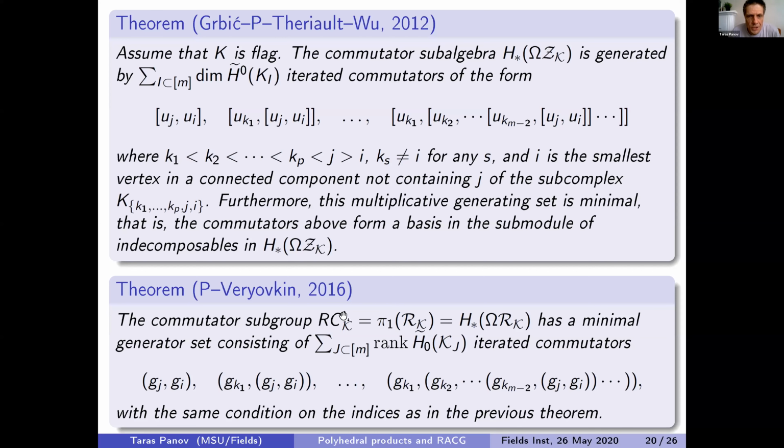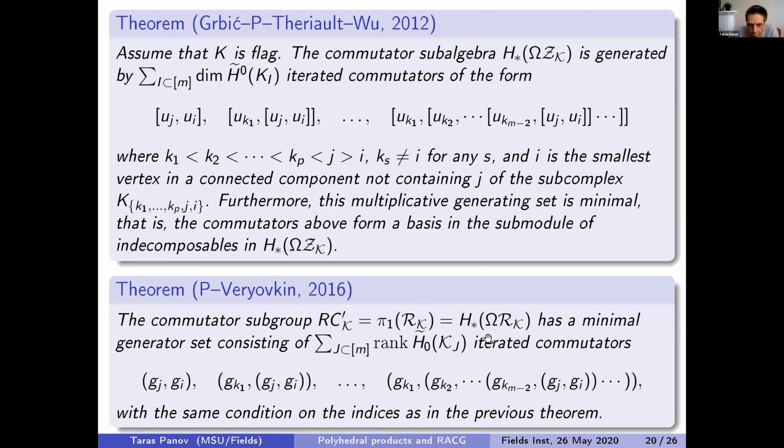So you see that the commutator subgroup of the right-angled Coxeter group, you can write it either as a pi1 of your real moment angle complex, or you can still write it down as a loop homology, although it just has H0, it doesn't have H1 and so on, because K is flag. And yeah, I forgot, I need to say that K is flag here, well, because otherwise this is not true.